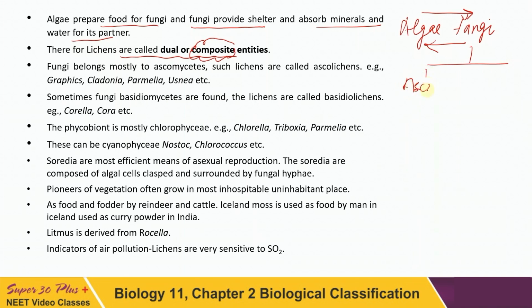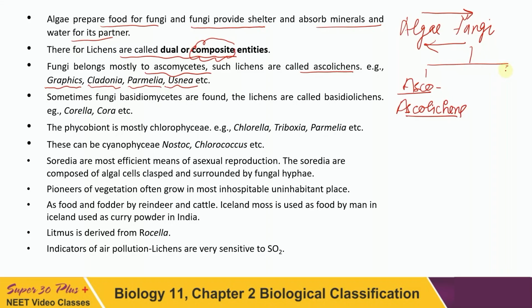In lichens, most of them have fungi of the group Ascomycetes, and therefore these lichens are known as ascolichens. Some typical examples of such lichens are Graphis, Cladonia, Parmelia and Usnea.